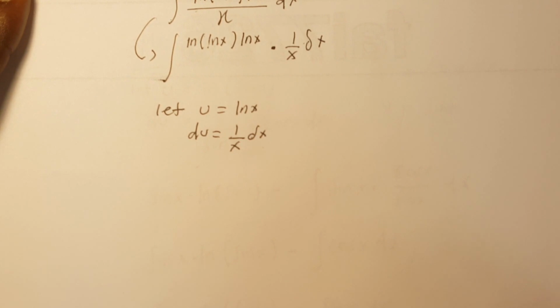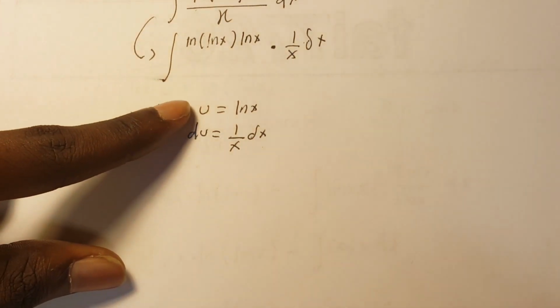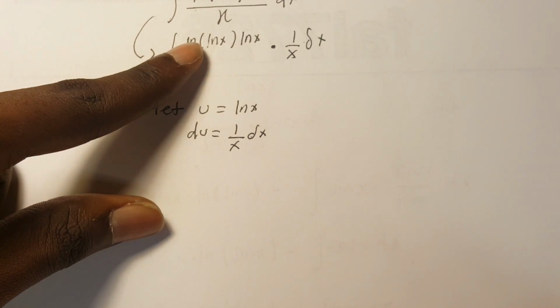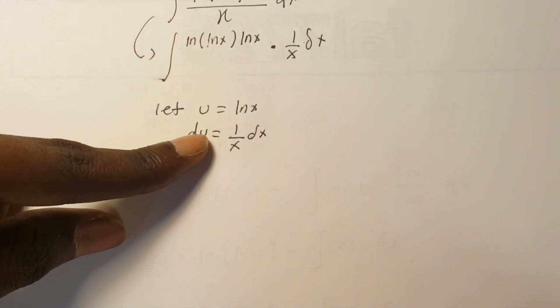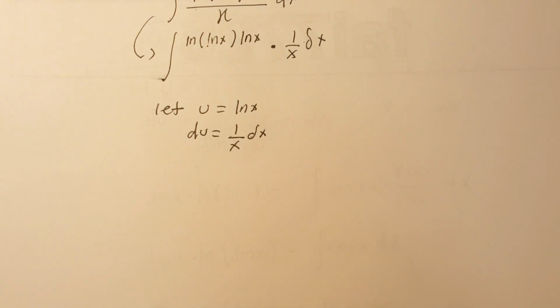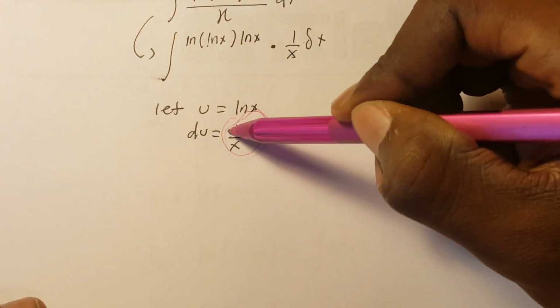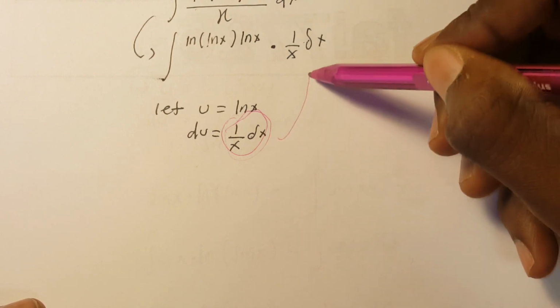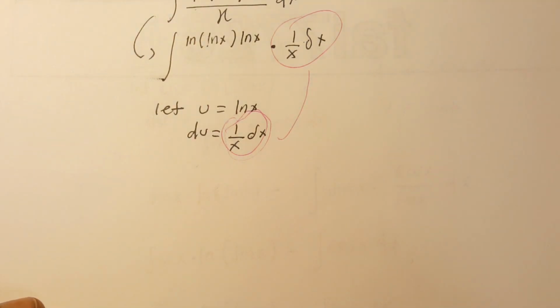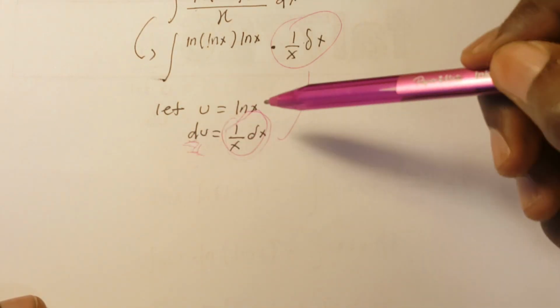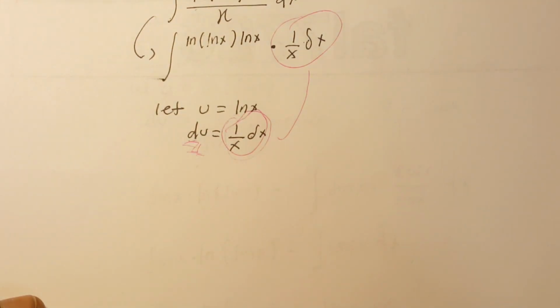So now let's go ahead and put u for natural log of x. One thing that you're going to notice is because we made the right choice of u, this guy right here is equal to that guy right here. So we can simply use our du right here to replace it.